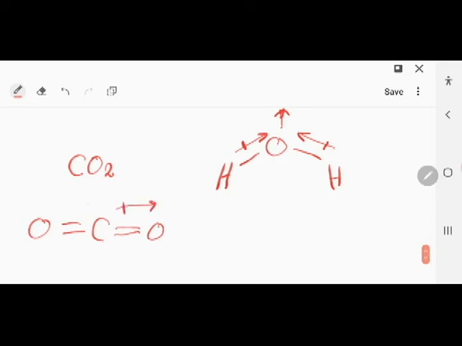And the other bond will be this way. Now here we have a polar bond between carbon and oxygen, and this bond also is polar. But the polarity is going in an opposite direction, so they will cancel each other. So carbon dioxide is a non-polar molecule.